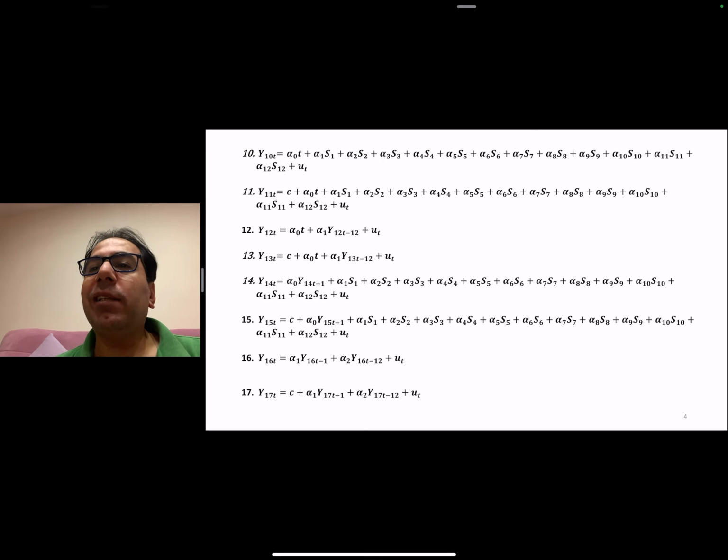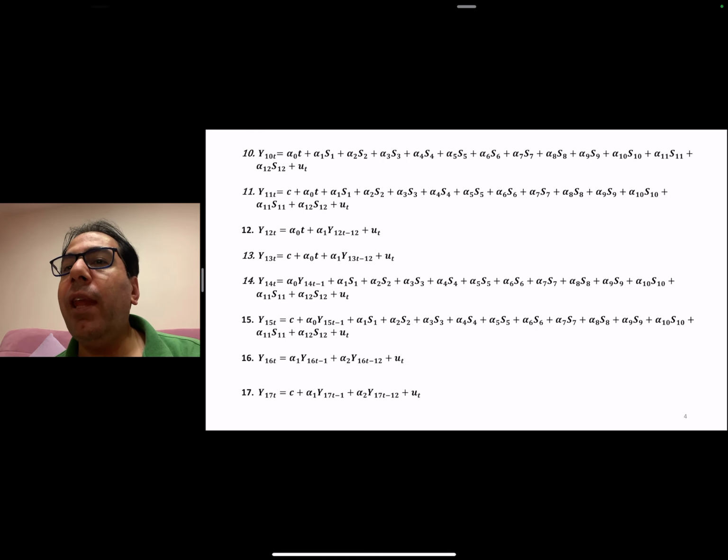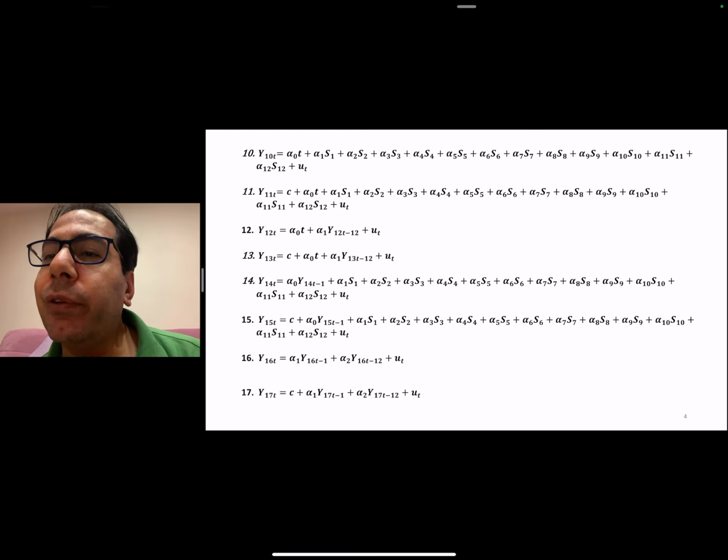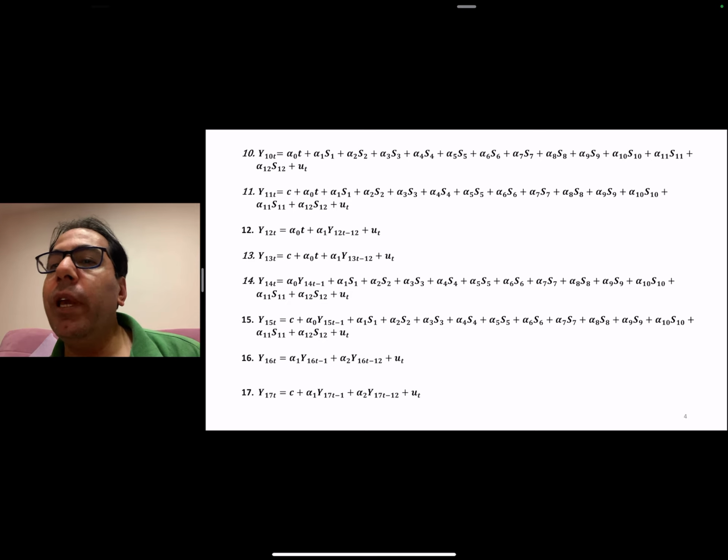In the next slide, model 10 has both the time trend and deterministic seasonal terms. The 11th model adds a constant, extending model 10. The 12th has a deterministic trend and, in place of seasonal terms, stochastic seasonal terms, and the 13th also includes a constant.